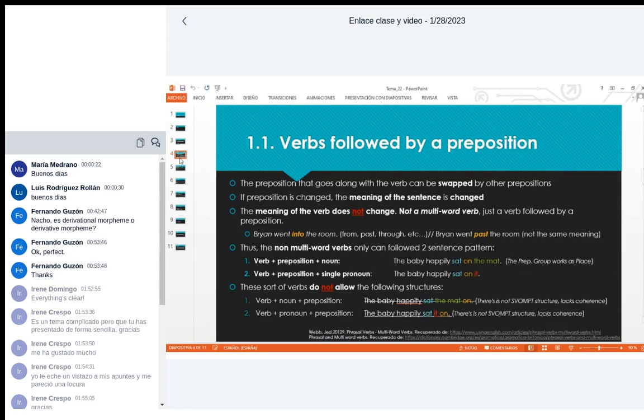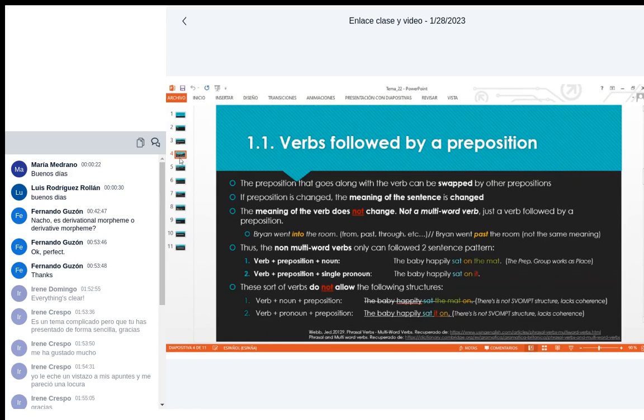So the non-multi-word verbs can be followed by two sentence patterns. First one, the verb plus the preposition plus a noun. For example, the baby happily sat on the mat. Now, on the mat is a prepositional group which performs the function of a complement of place.